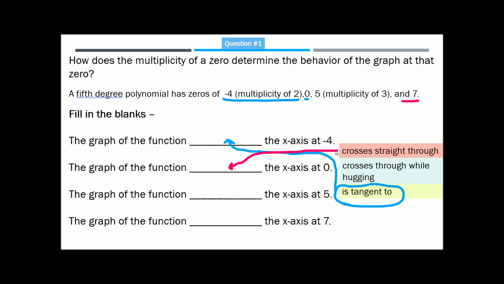So it's going to cross straight through. And at 5, we have a multiplicity of 3. So that's going to cross, but it's going to hug. So that's what happened at 5.